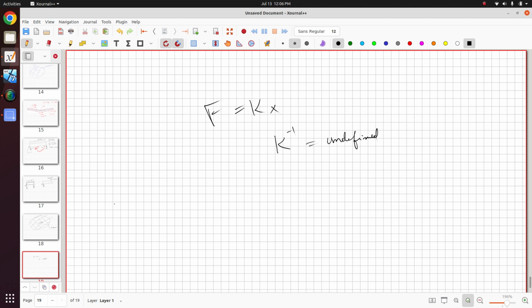Here, let's go ahead and draw an example here. So we'll draw the beam again, but this time we'll have some rollers here. And we'll apply a load F. If you look carefully at this, there are multiple solutions for this example.